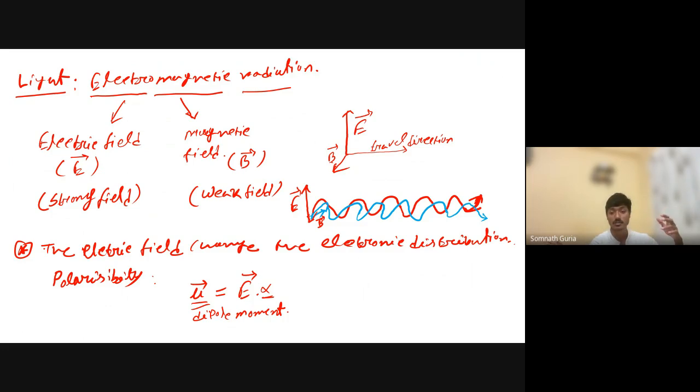When this happens, there should be certain criteria which are fulfilled, and that gives the result of this transition. That is called the transition moment integral. This is a completely quantum mechanical term.